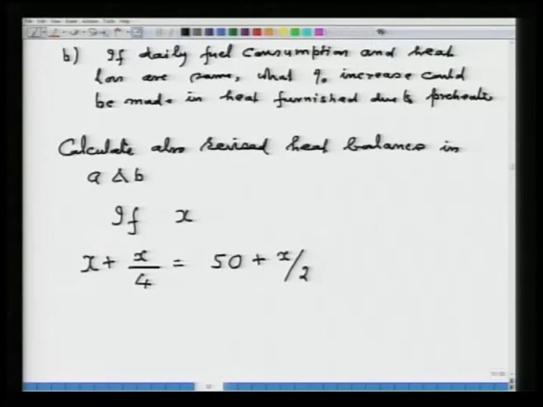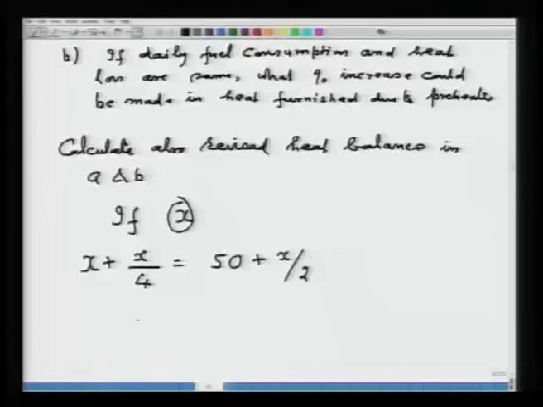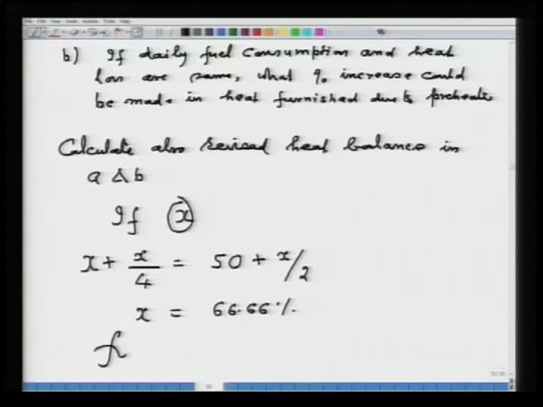Look at what I have done: x is the percentage of fuel you are now required to burn, x by 2 will be carried by the flue gases, and from that x by 2, half you will recover, so x by 4 will be recovered. So the heat balance is x plus x by 4, equals 25 for the process requirement, 25 for the heat loss, which you have to keep the same, plus x by 2 for the flue gas. So I get the value of x, very simple, 66.66%.